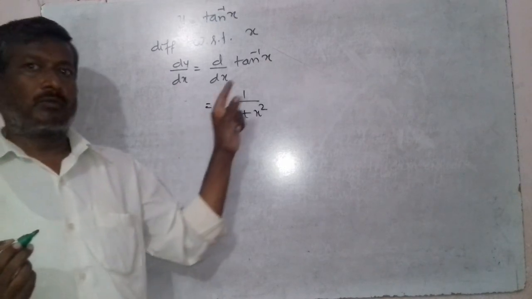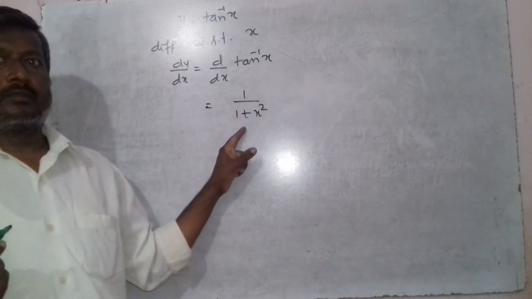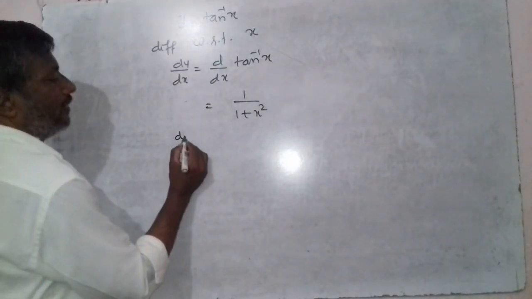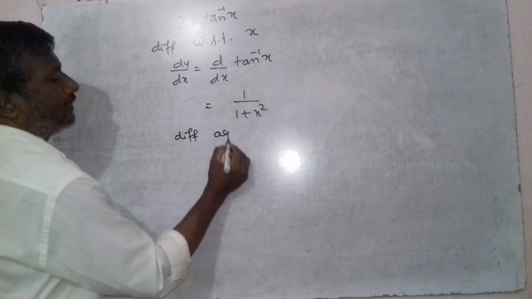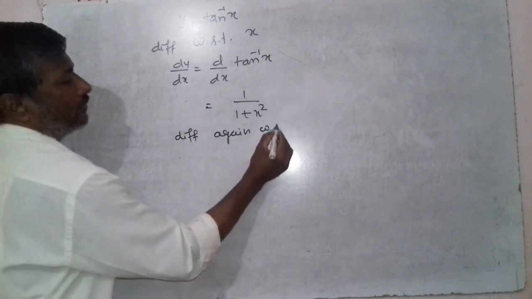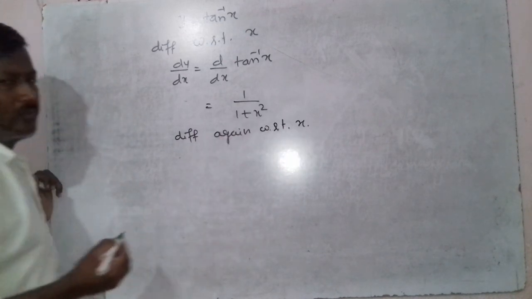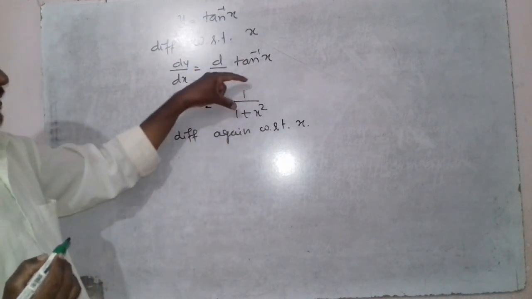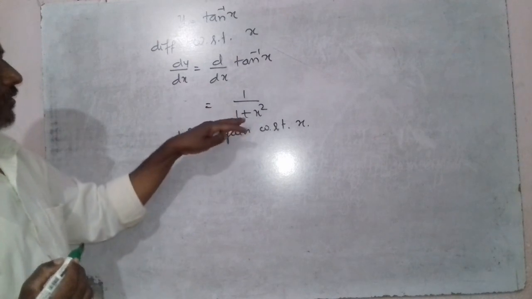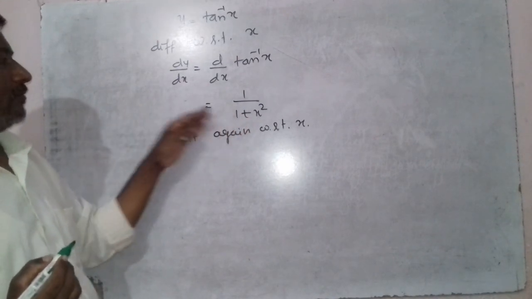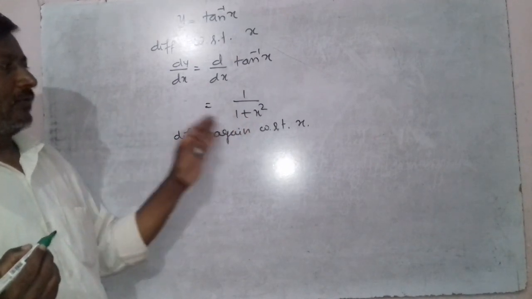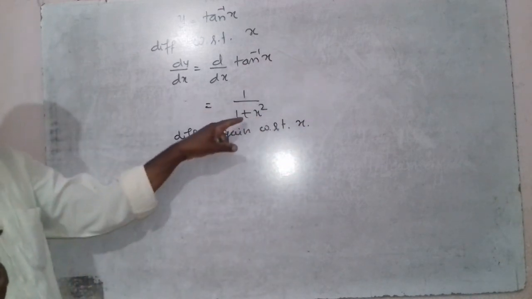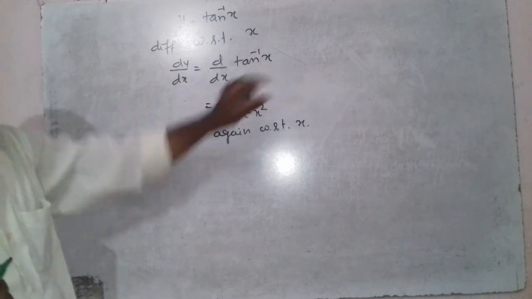Differentiating again with respect to x, consider here 1 upon 1 plus x square, or you can cross multiply this one also. At the same time I will solve both, so I will give both types of answer here.